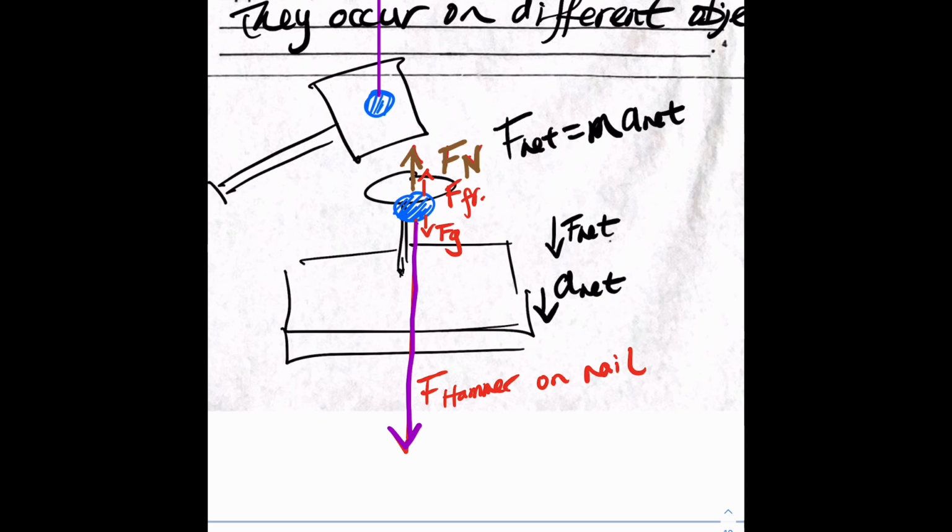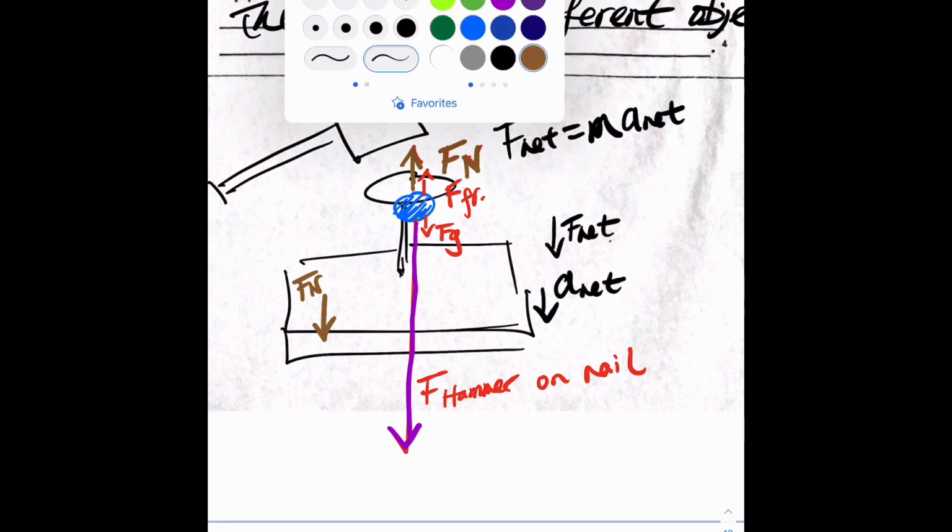So there's a force normal down here of the nail pushing on the block. There's the equal and opposite force normal. Friction also would have an equal and opposite frictional force on the block, right? And that's tricky too. But let's go ahead and draw that.